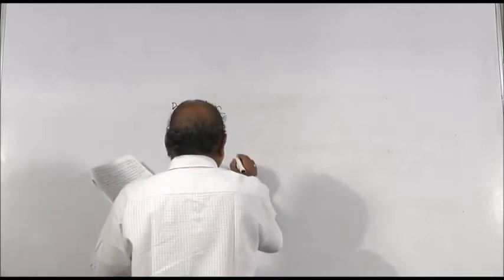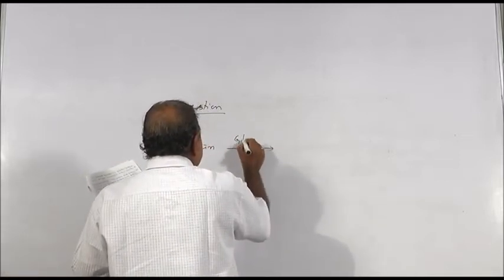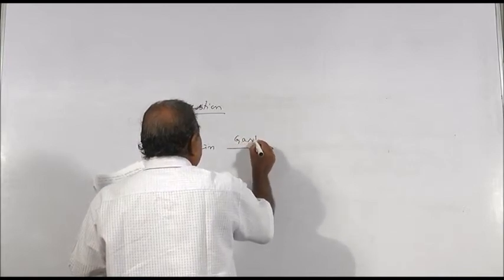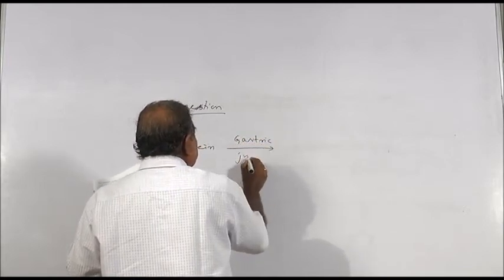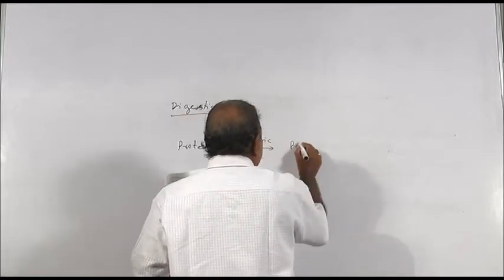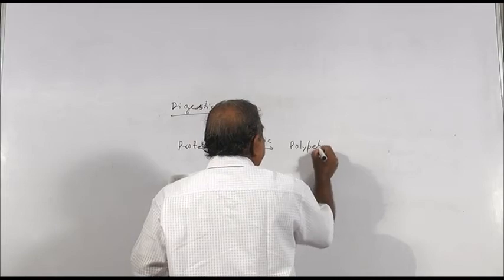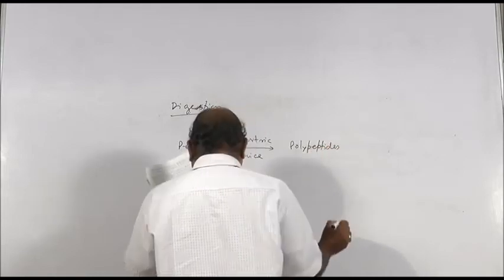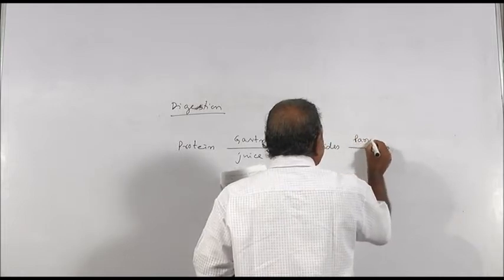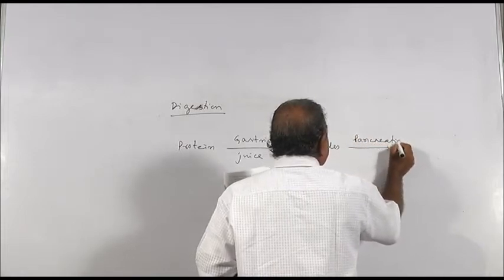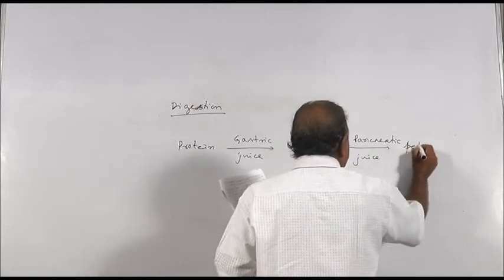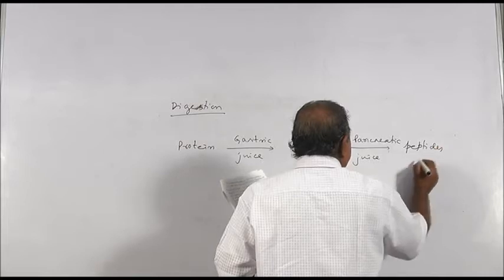Now this is first reacted by your gastric juice, that is in the stomach, when it breaks to polypeptides. Now these polypeptides are reacted by pancreatic juice, when it breaks to peptides.